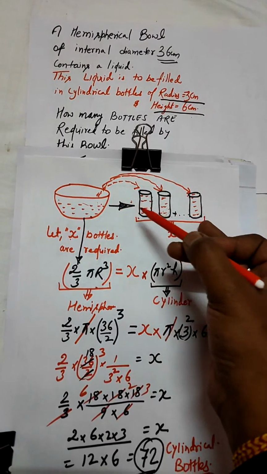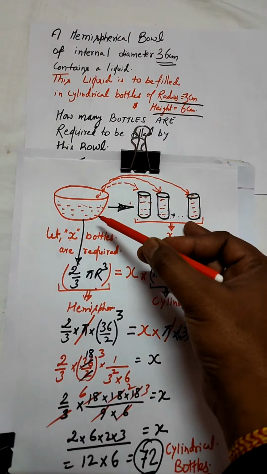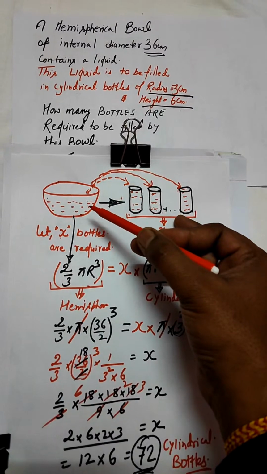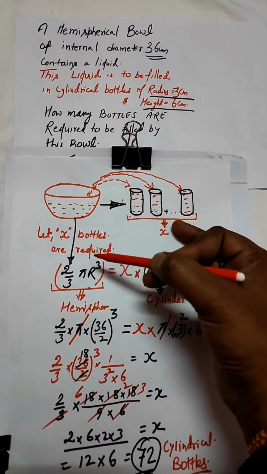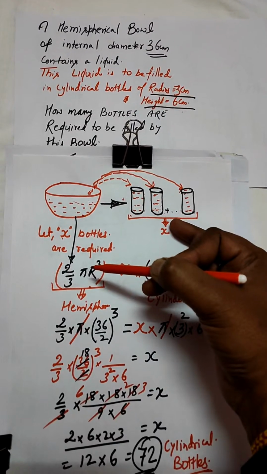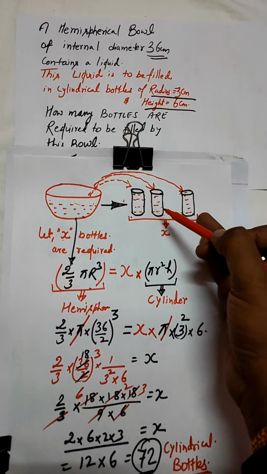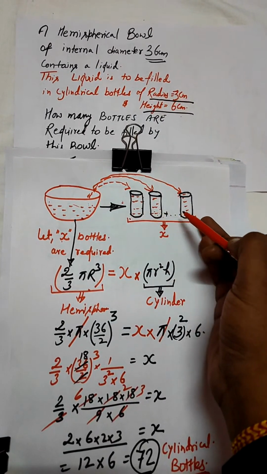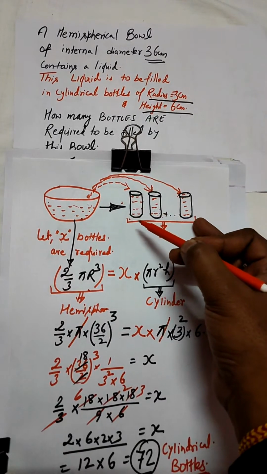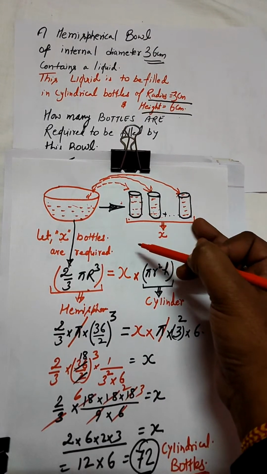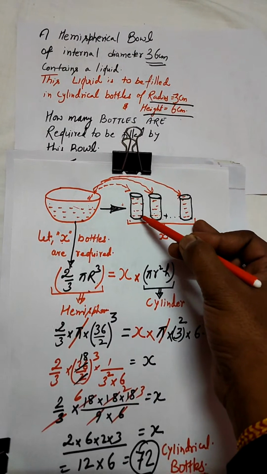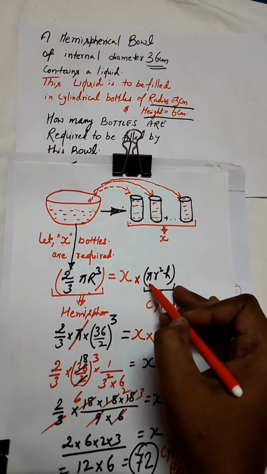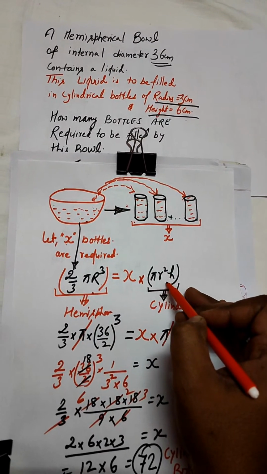So it can be of any composition, right? The container can be any shape. So take the corresponding volume of that particular container, right? Similarly, if you are emptying it into a container having a different shape, just remember the formula, what is the volume of that container. Okay, if this is a cone, it is 1 by 3 pi r square h. So in place of pi r square h, we should have put up over here 1 by 3 pi r square h, right?